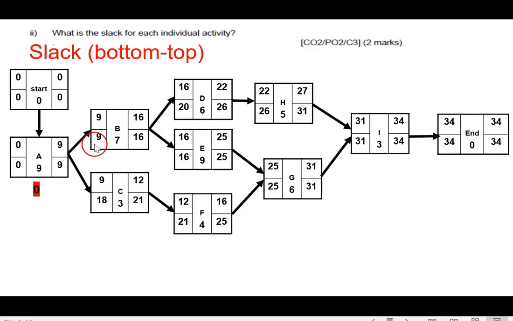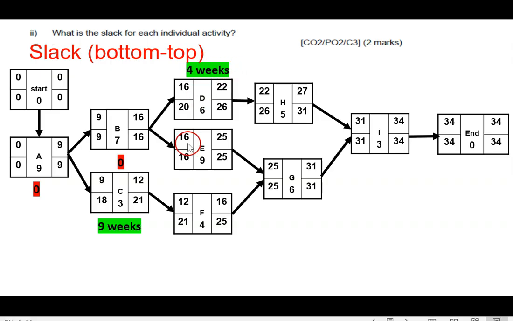For B, 9 minus 9, 16 minus 16 is 0. For C, 18 minus 9 is 9, and then 21 minus 12 is also 9. For D, 20 minus 16, 26 minus 22 is 4. I put weeks so that I won't miss the marks here.